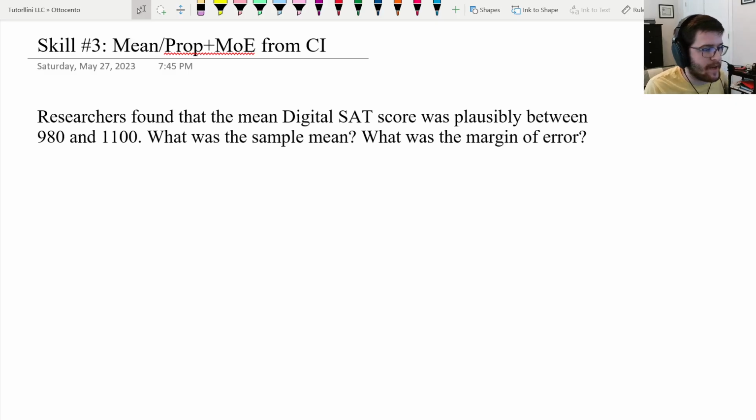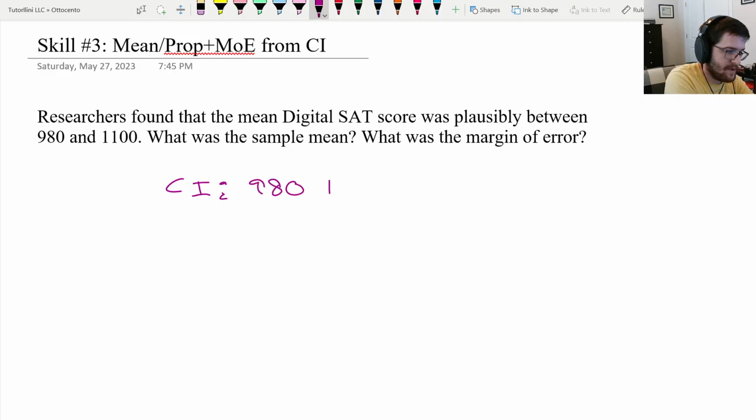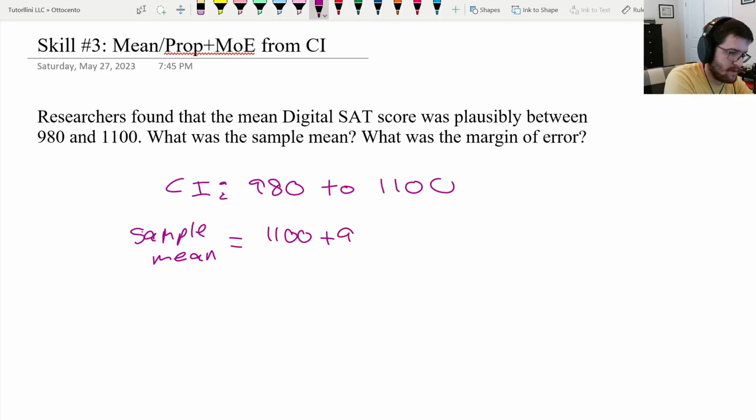Okay, researchers found that the mean digital SAT score was plausibly between 980 and 1100. Okay, so that is a confidence interval. And to find the sample mean, I'm going to add these up and divide by 2.